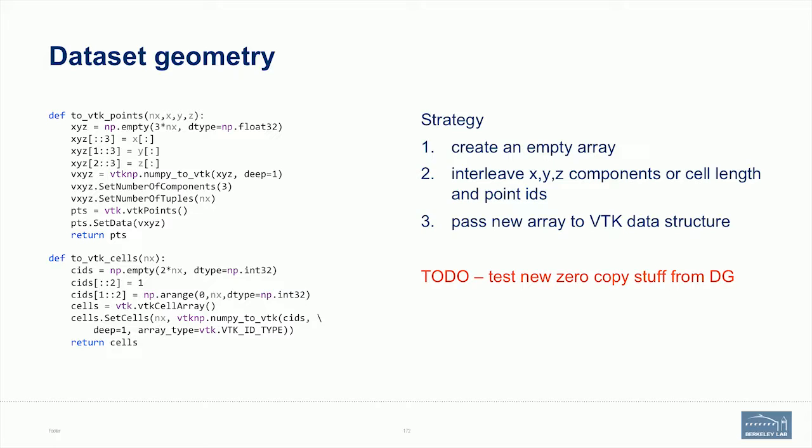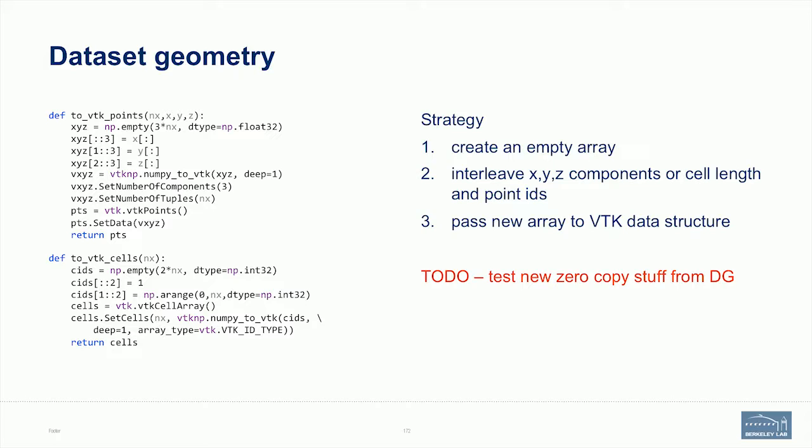VTK has this library, and I've imported it as VTK-MP. And it has these helper functions to convert from NumPy into a VTK data array. So the return of this NumPy to VTK, again, this function is provided by Kitware with VTK itself. The return of it is a VTK data array. So this is something the VTK can work with. I passed in my NumPy array, and I told it to make a deep copy.